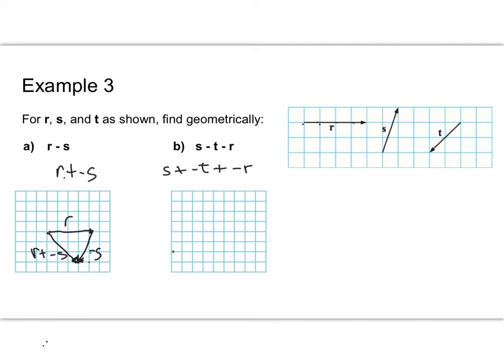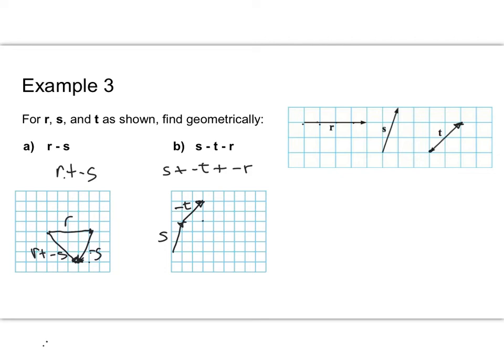It moves up 3, over 1. And then negative t. I have to switch it this way and start here. And so that's over 2, up 2. So right 2, up 2 is going to put me here. So this is negative t, this is s.